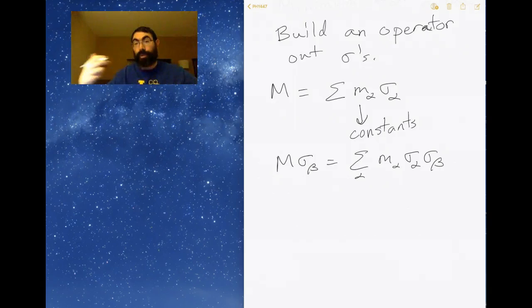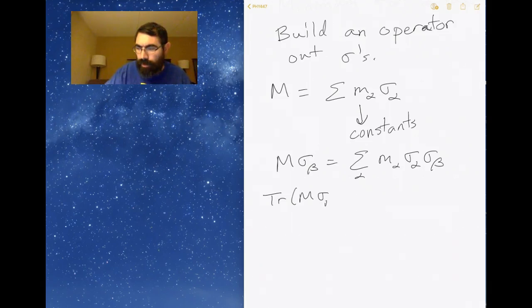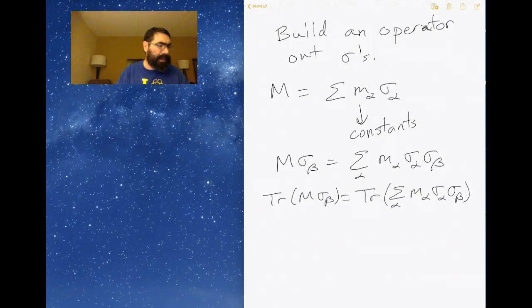That just gets pulled into the summation. If I now take the trace of this, I can bring the trace inside the summation.